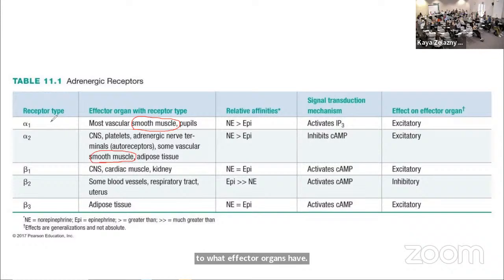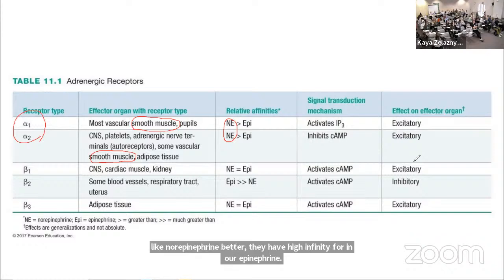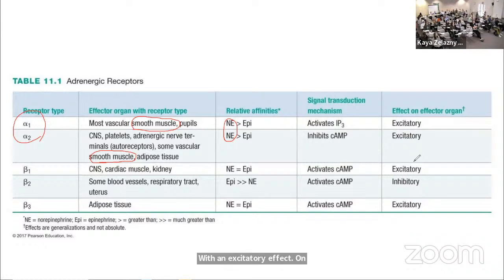So we've got smooth muscle with our alpha receptors, which preferentially bind norepinephrine. They have a high affinity for norepinephrine with an excitatory effect on those effector organs. I want you to take a look at this table for a second and predict for yourselves what other receptor type will be mentioned other than those alpha receptors.